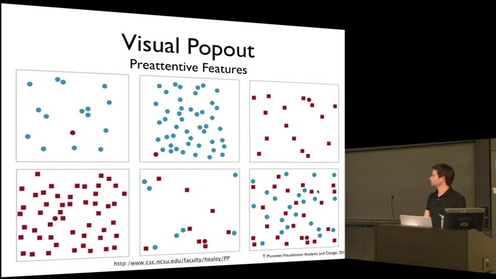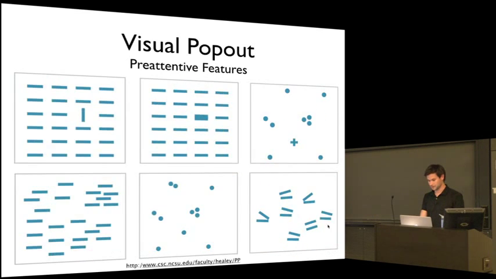And if we add more and more, so here it doesn't work at all. We really need to search in a serial fashion, which is very, very time consuming. So we have some influences here.